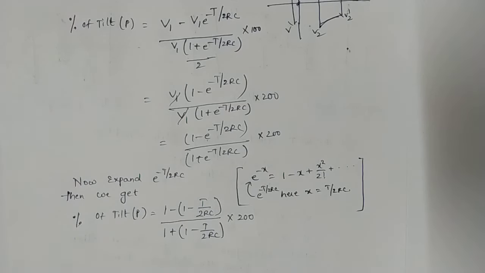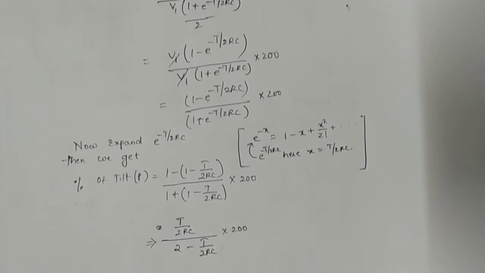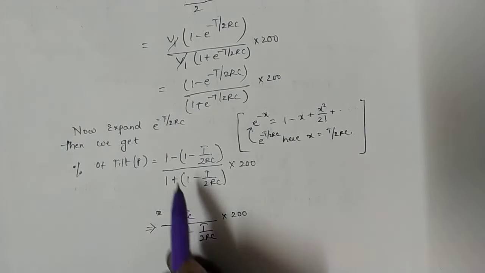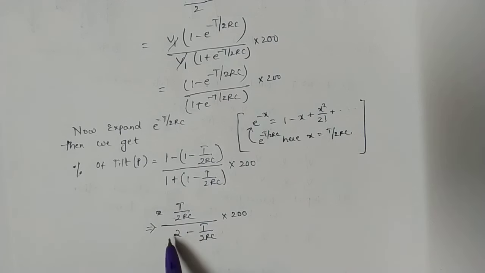Okay, understand? Now simplify this one. This is equal to t by 2RC by 2 minus t by 2RC into 200. By simplifying this one, we get t by 2RC by 2 minus t by 2RC into 200.